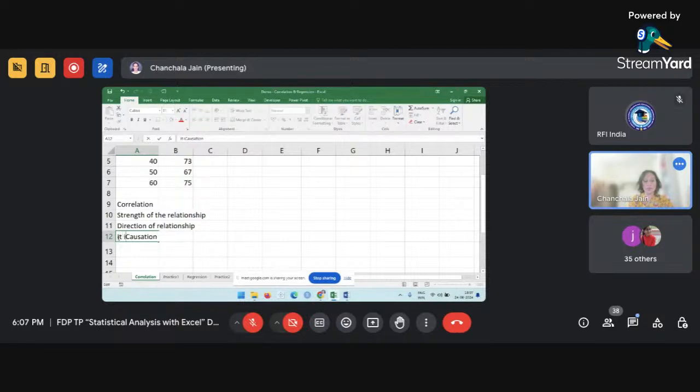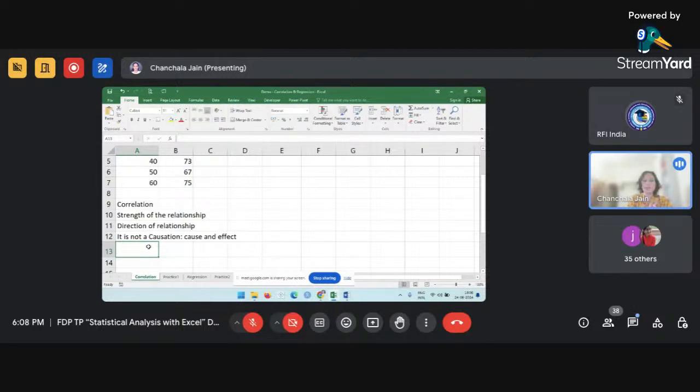It is not a causation. Means if you want to study a cause and effect relationship between two variables, correlation is not at all an appropriate statistical test or tool. Correlation can never be a causation. Correlation can only tell you how strongly, moderately, or weakly two variables are related, and in which direction they are moving.